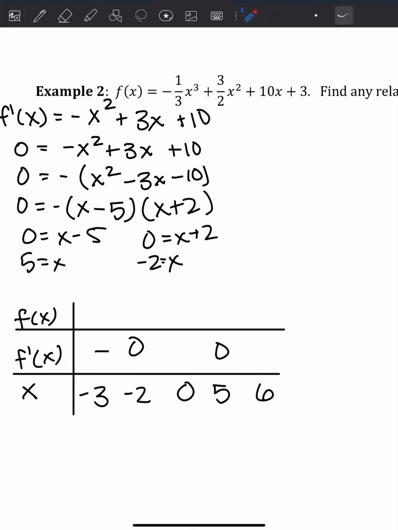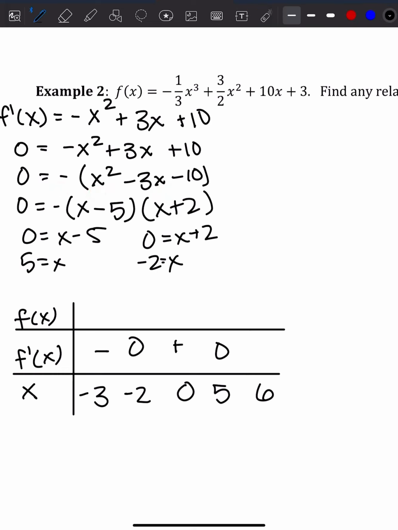Because it doesn't matter what function we plug it in, I'm going to plug 0 into my original function for my derivative. If I do, this goes away, and we get a plus 10. This makes sense because I have a negative times 0 minus 5, it would be a negative. 0 plus 2 would be a positive. So negative times a negative times a positive.